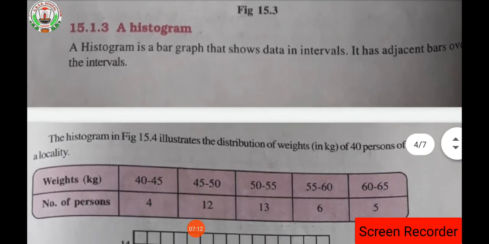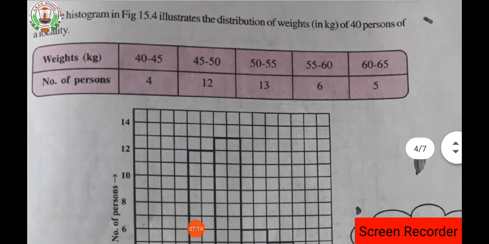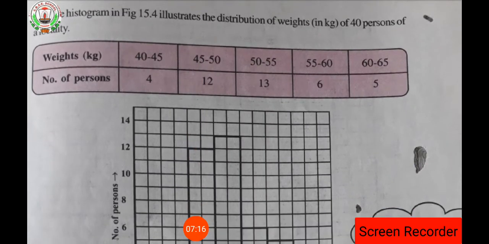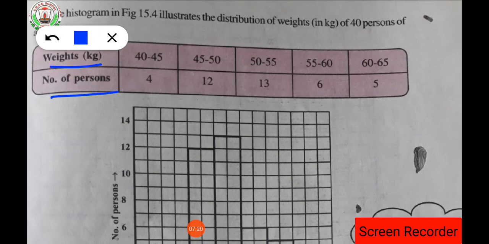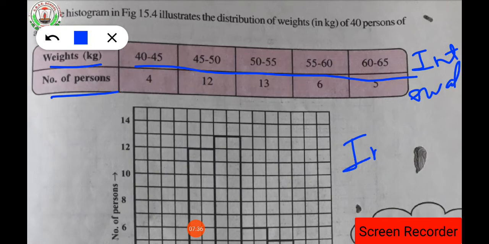While looking at the figure it will be more clear to you people. Okay, so here the data is being given, the weight of a person, number of persons. So 40 to 45, the weight of a person is between the interval, these are called the intervals. Remember, in a histogram these data are called a interval period.